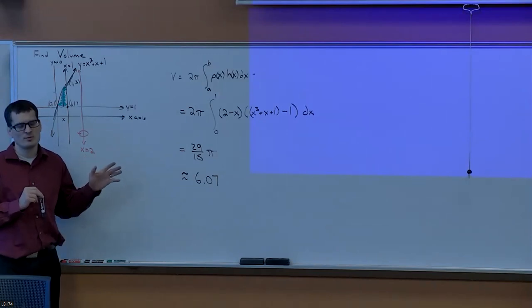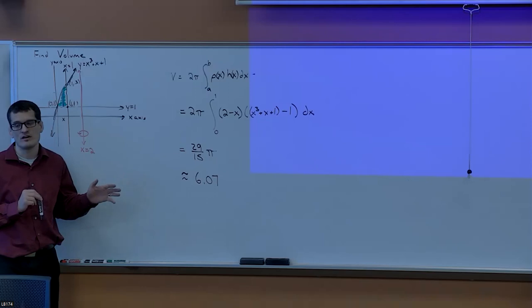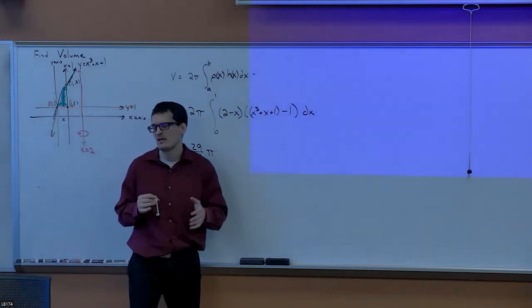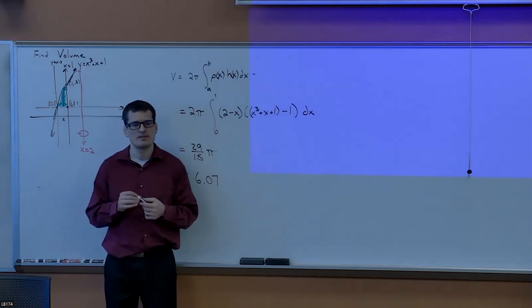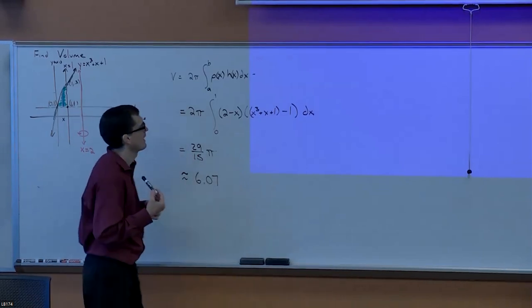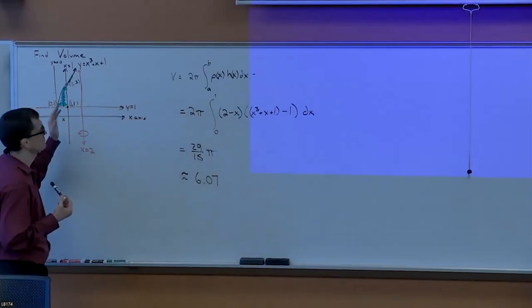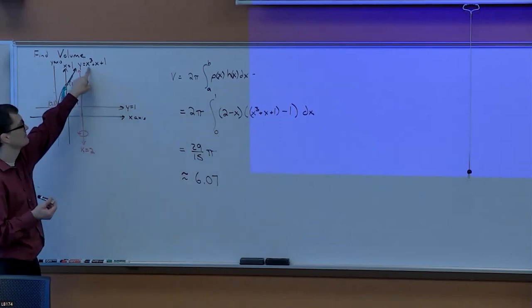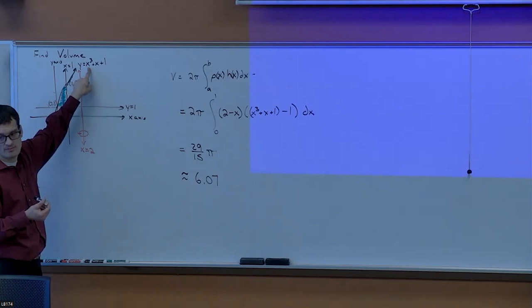Now, this example really highlights the advantage of having both the disk method and the shell method available to us. If I were to try this same problem using the disk method, I would have had to integrate with respect to y, which causes me to solve this for x.